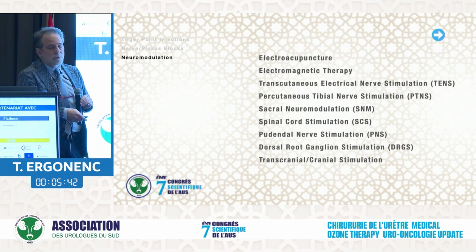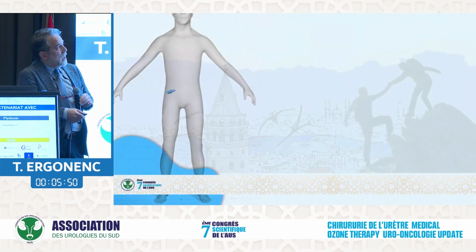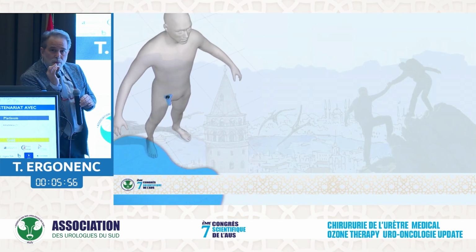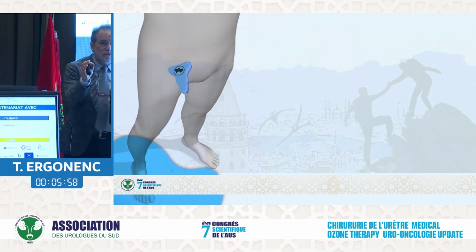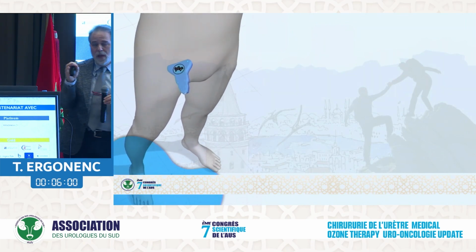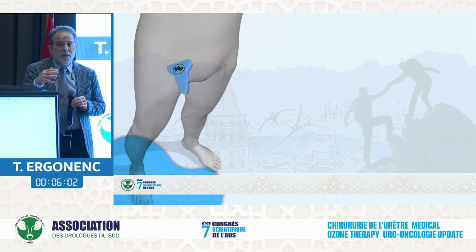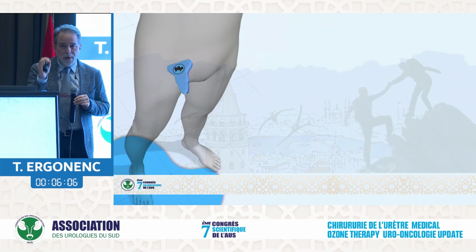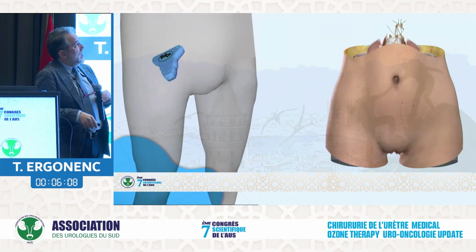The neuromodulation process can be performed for pain treatment or pain palliation above the pelvic area. These are very high technology procedures. If you select your patient for neuromodulation, not all patients are suitable for neuromodulation. You have to select your patient precisely for neuromodulation.